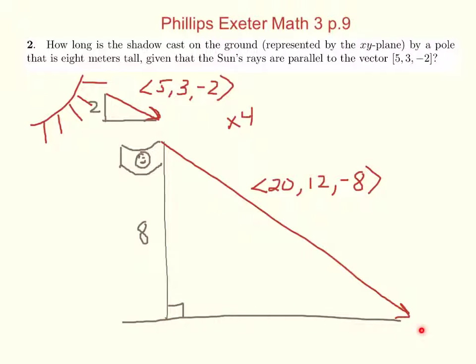Does anybody remember how to find the length of a 3-dimensional vector? Or a 2-dimensional vector? You could do dot product. Not necessarily dot product. Dot product takes 2 vectors, and this is only 1 vector. How would you find the length of just a single vector?